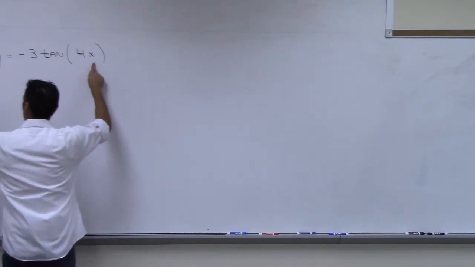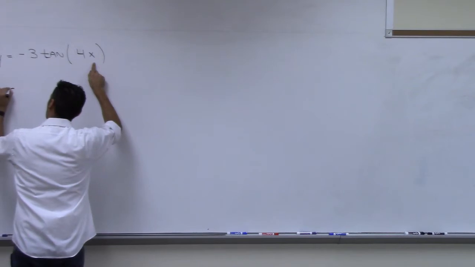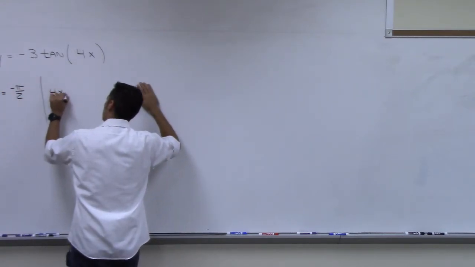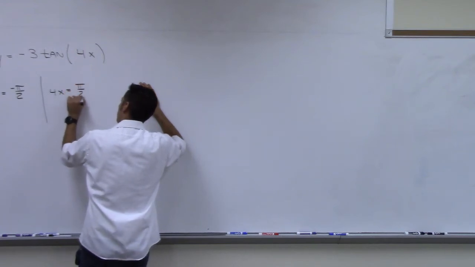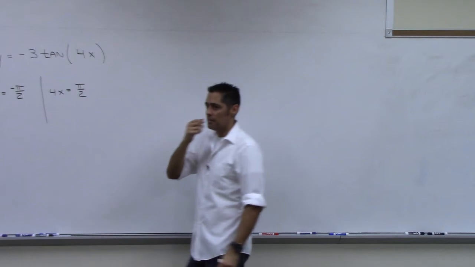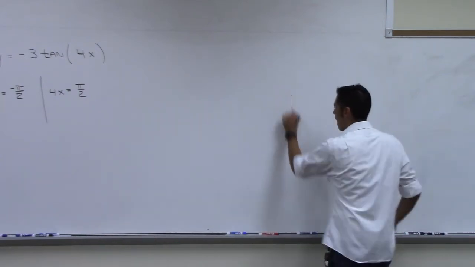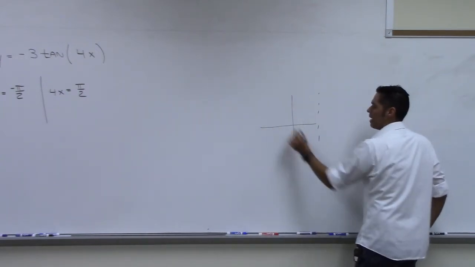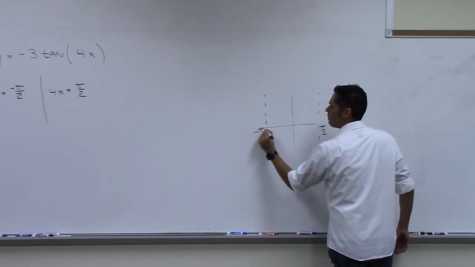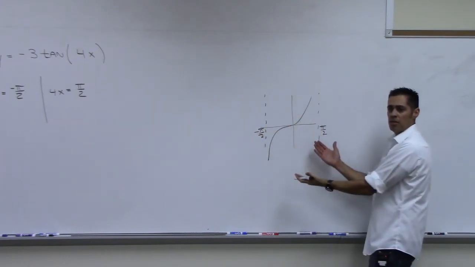So we are going to set 4x equal to negative pi over 2 and 4x equal to pi over 2. That goes back to the picture that I gave you, the one that we really like to work with: pi over 2, negative pi over 2, standard tangent function.